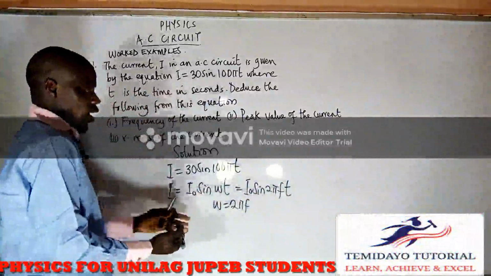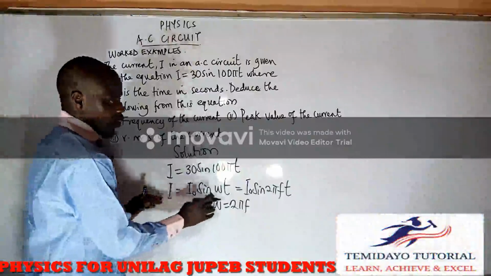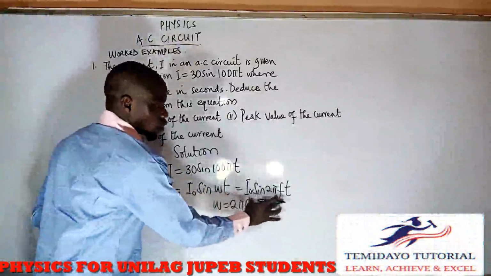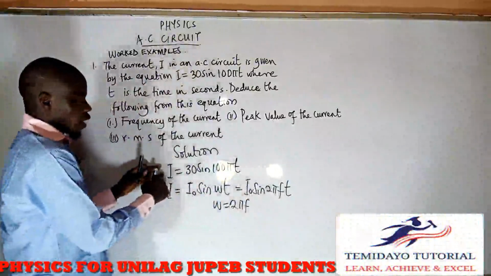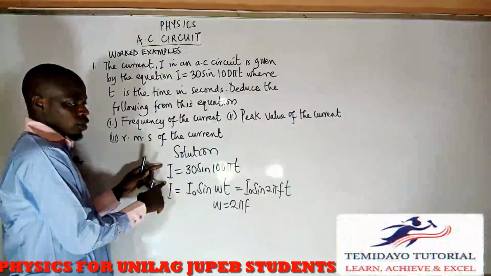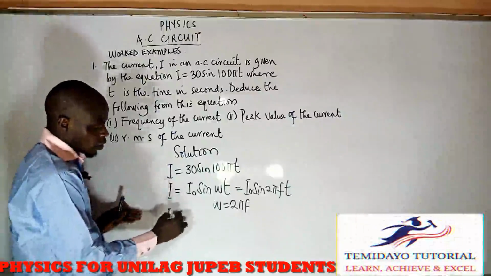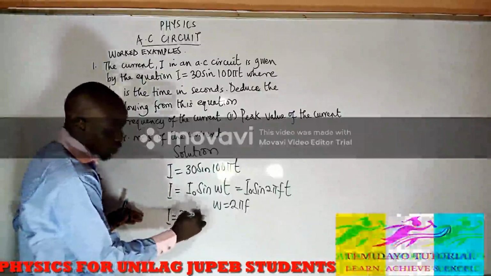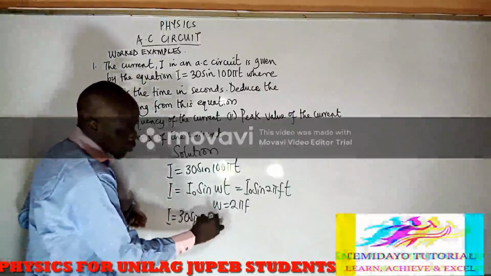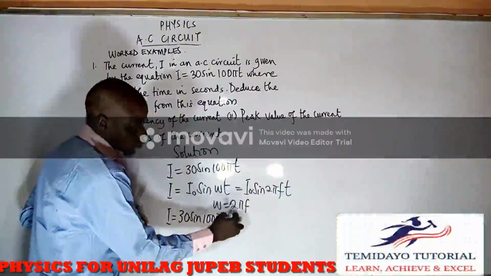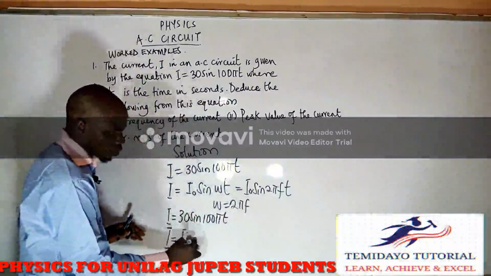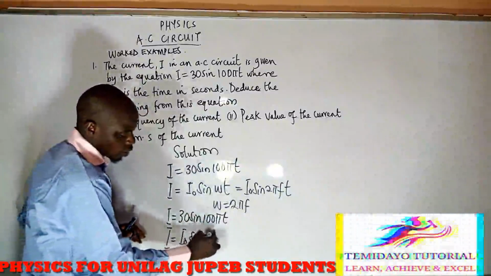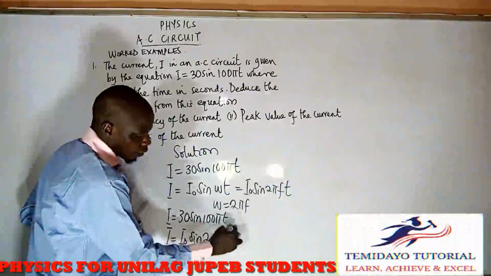Now let's compare the second form of the equation with what we are given. We are given I equal to 30 sine 100 pi t, and from the standard we have I equal to I naught sine 2 pi f t.